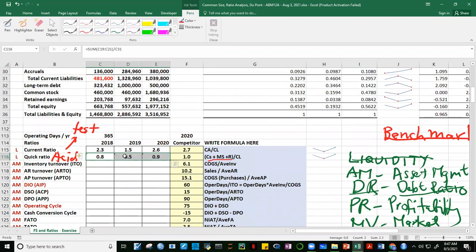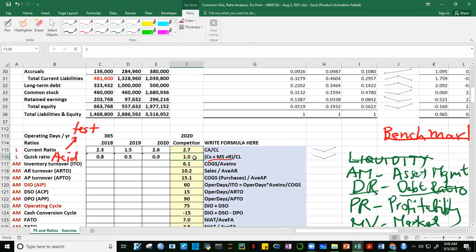In fact, guys, bumagsak siya dito sa 2019, no? Okay? So sa 2019 may problema tayo ng liquidity. Kasi ibig sabihin as far as the quick assets is concerned, yung pinaka madaling ma-convert into cash, 50 centavos lang guys ang available natin in order to pay a 1 peso current obligation. And 2020 tumaas naman siya, medyo nag-level na siya, pero talo pa rin tayo ng competitor.